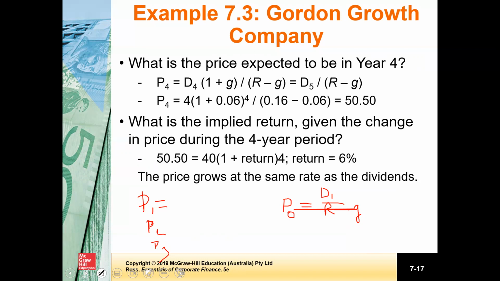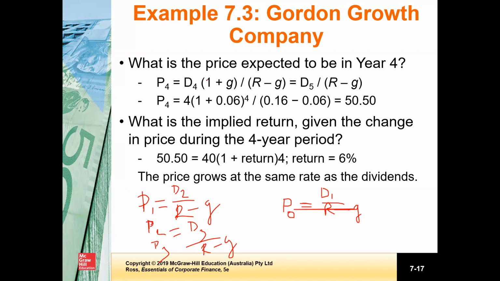For example, to find the price at P1, the end of year 1, you should have D2, the dividend expected next year, divided by R minus G. And when finding P2, the price at the end of year 2, you should have D3, divided by R minus G. This is how you should proceed.